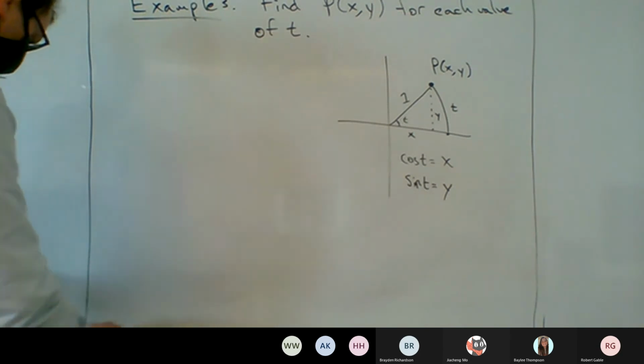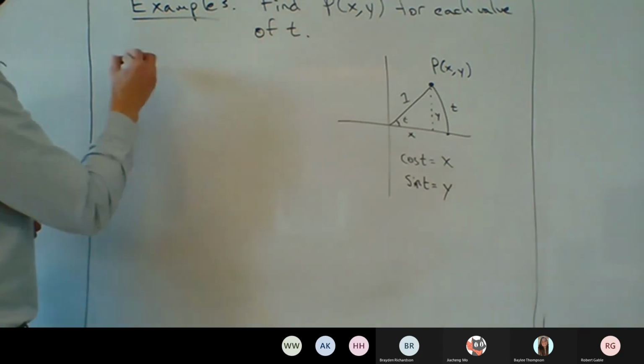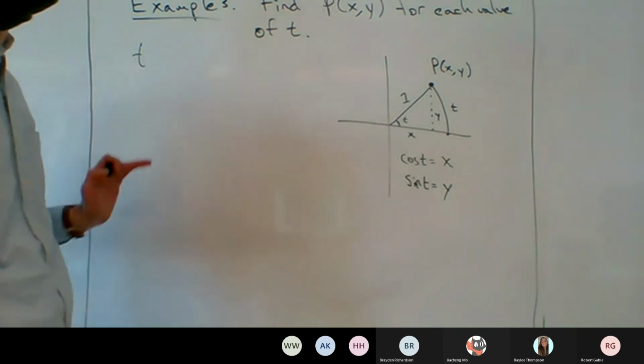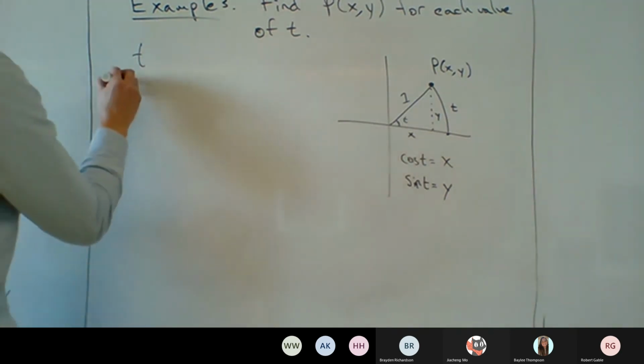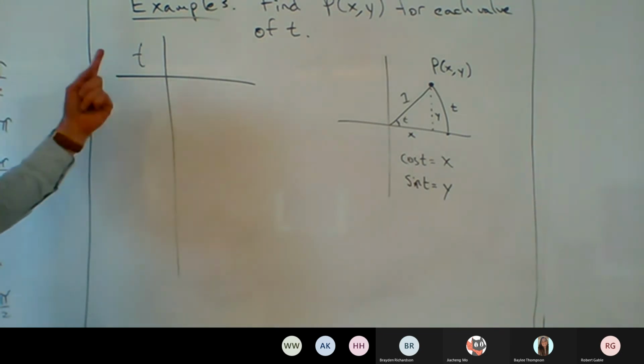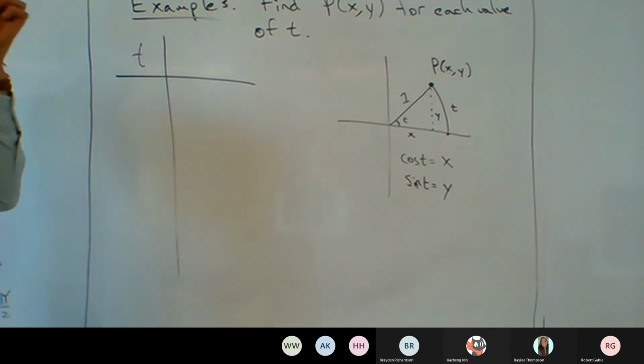Here are the values. Here's a table to write down for some special angles, all the 5 special angles we just looked at. And when I say angles, I'm talking about t, right? t is an arc length and an angle in this setting.